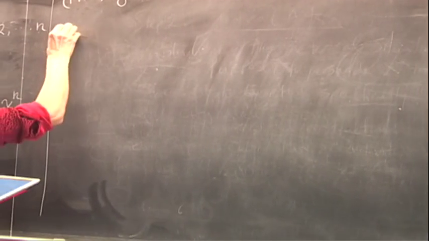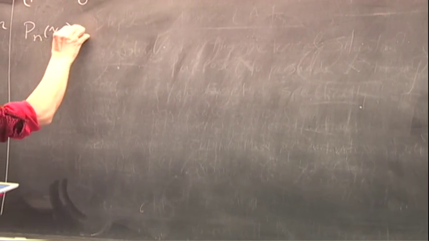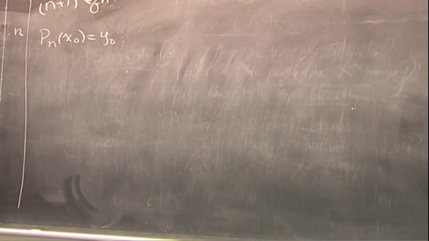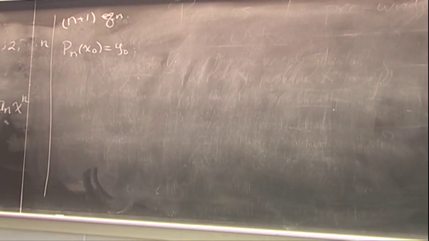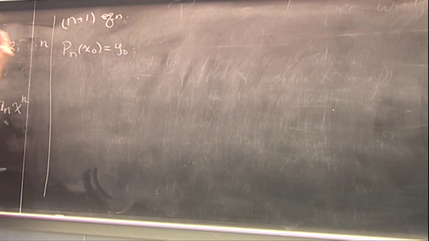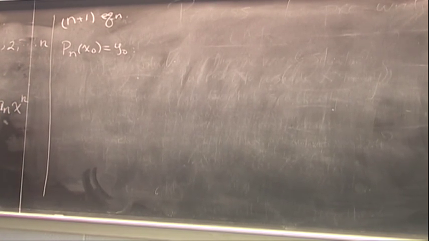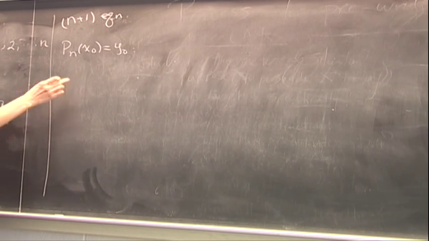So I have n plus 1 constraints, so let's put it in. Pn at x0 shall be y0, right? Each of these gives me an equation. So I will write out the first equation, the second equation, and then you see it's obvious how it's going on. And then we put dot, dot, dot, and we write the last equation.